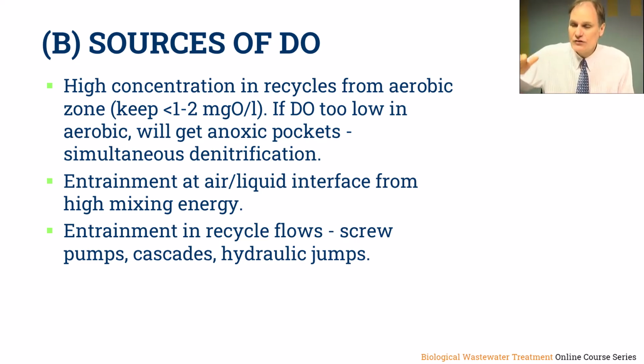We want the oxygen concentration high enough not to slow down the nitrification reaction, but we also don't want it too high to slow down the biological reaction of denitrification via the recycle. If the dissolved oxygen is too low, we will get anoxic pockets in the aerobic reactor.